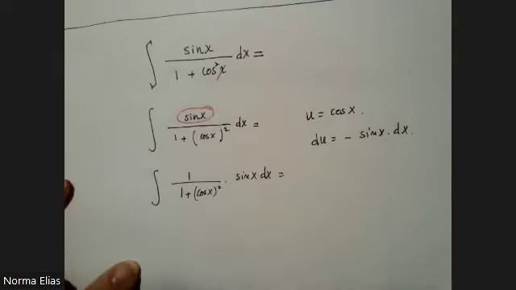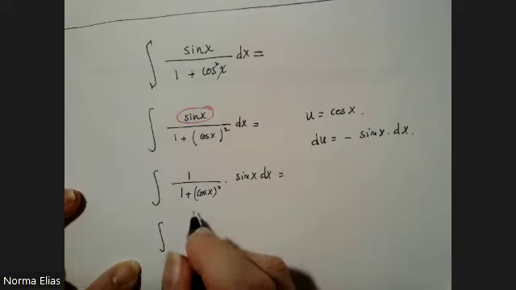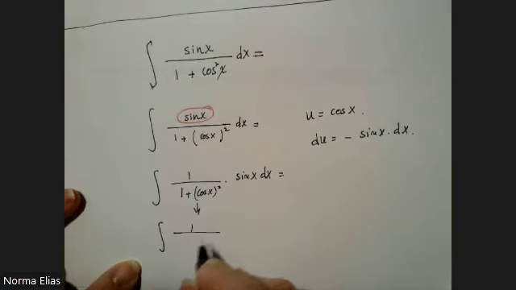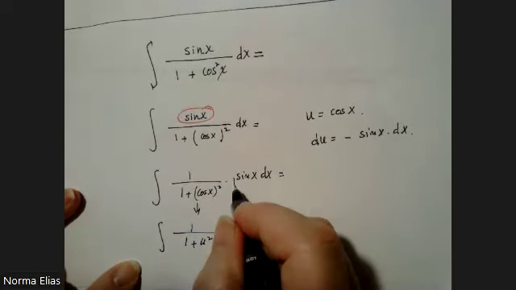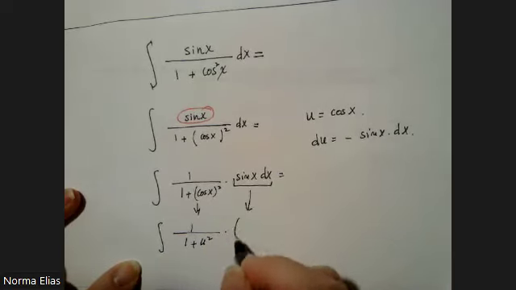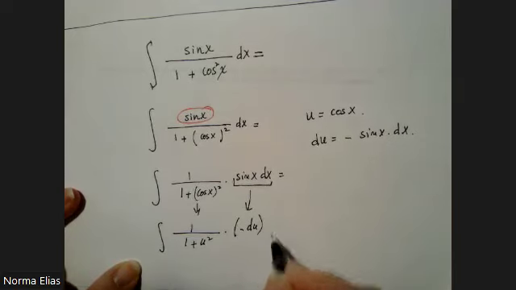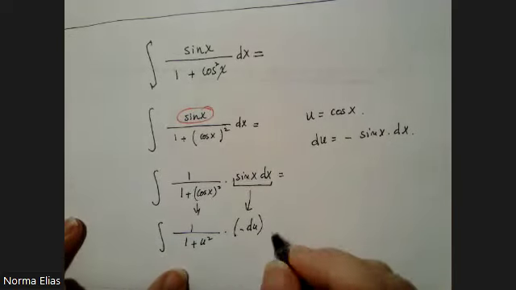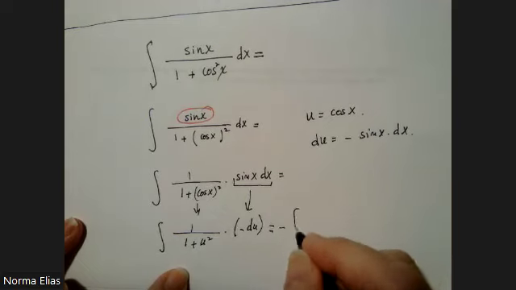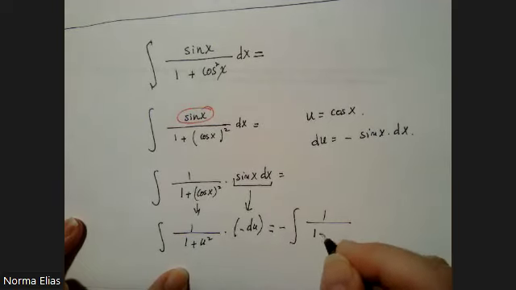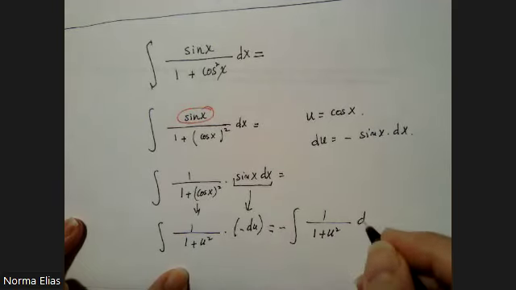Now we're going to put the whole picture together again. This would be 1 over 1 plus u squared, and this would be minus the du. So this will end up being minus 1 over 1 plus u squared du.